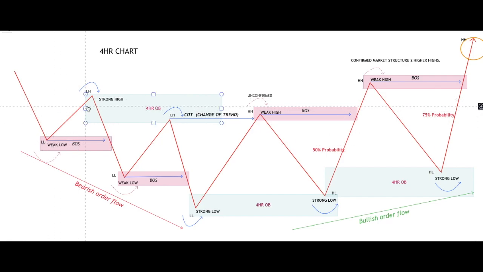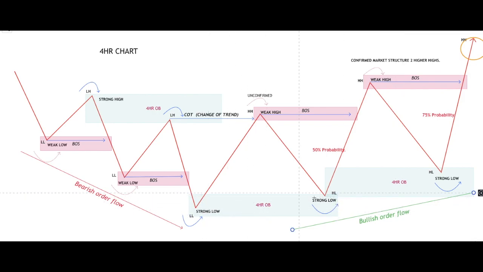This is an unconfirmed trend until we've had two lows created. This is a confirmed market structure that price action is trending down. Sometimes price can break up, create a new higher high, and then continue on, create a new lower low, which will create a new weak low. Then we'll look for a new lower high to continue on with the market structure.